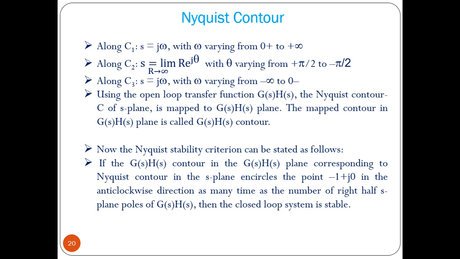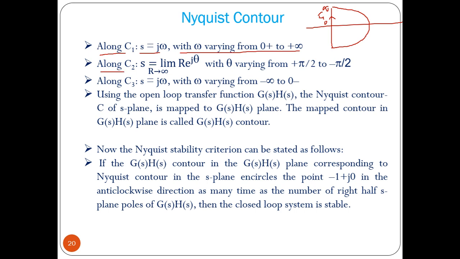Now for C1, omega goes from 0 to infinity, positive. So along C1 you put s equal to j omega, with omega varying from 0 plus to infinity plus.